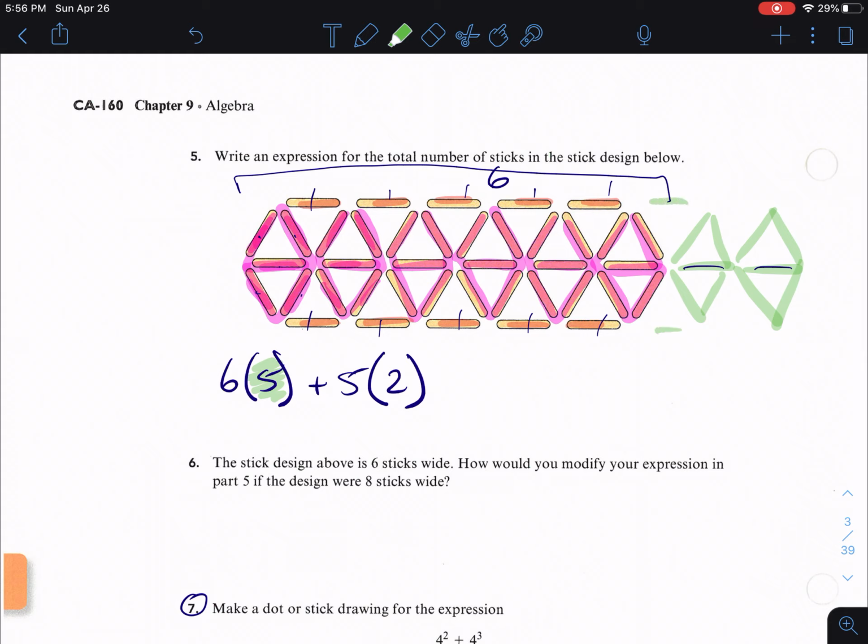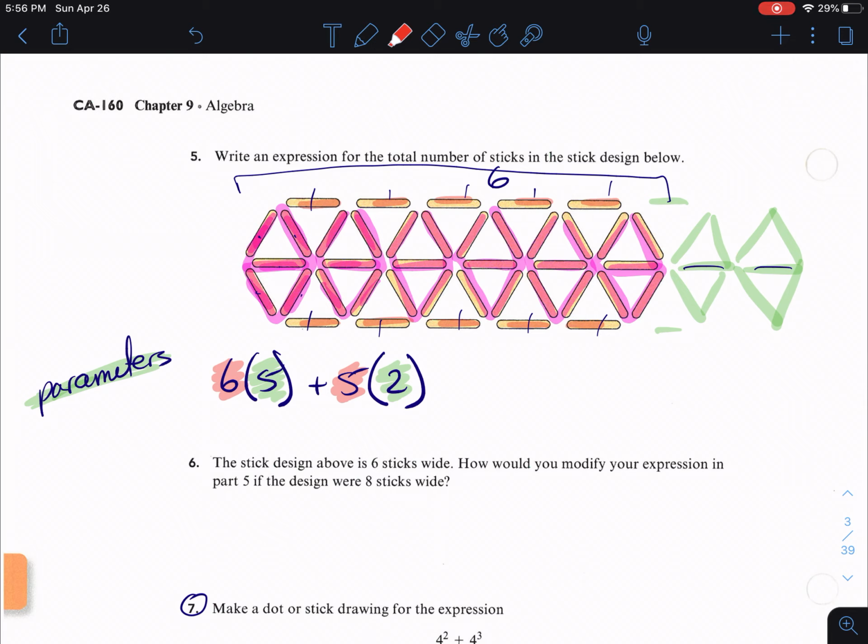And the same thing with this. So these are also constant. So our parameters are the green ones, right? Now, the red numbers, 6 and 5, actually have something to do with how wide this pattern is.